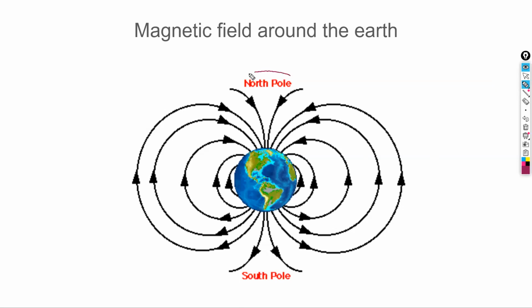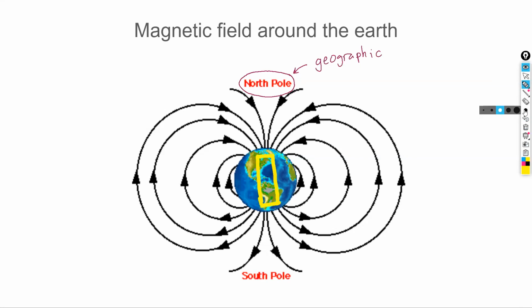You see, when we say North Pole, we are talking about the geographic North Pole. And when we talk about the South Pole, obviously we're talking about the geographic South Pole. But the Earth is a magnet. And in case you all didn't know, you can pretend it's a bar magnet like this, right?